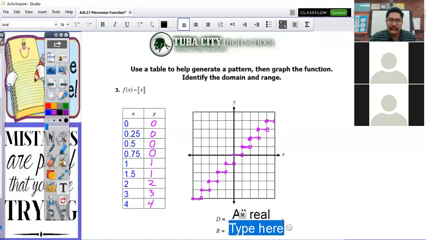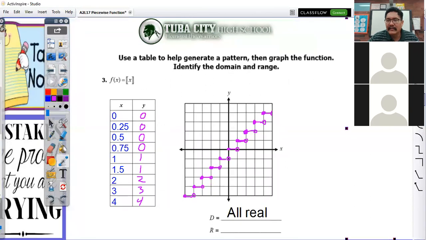However, for the range, we have a bit of another problem, because if I pick something like $2.50, I cannot buy $2.50 worth of dollar items. So there's no way I can have an output that is $2.50.